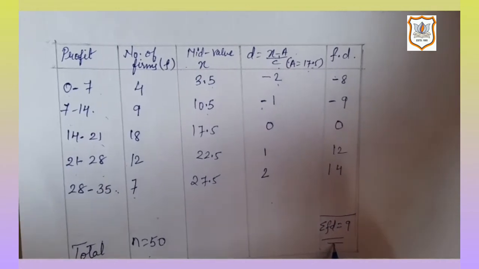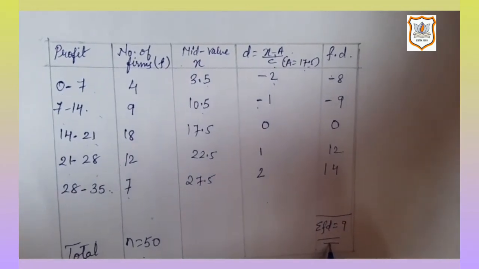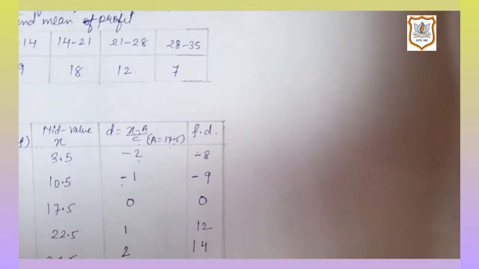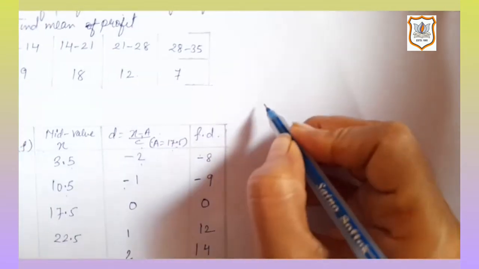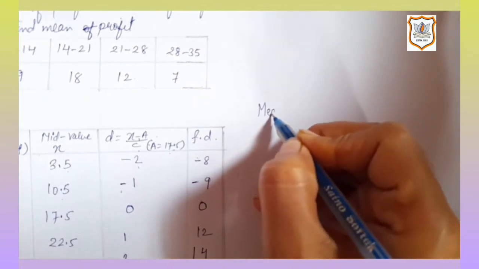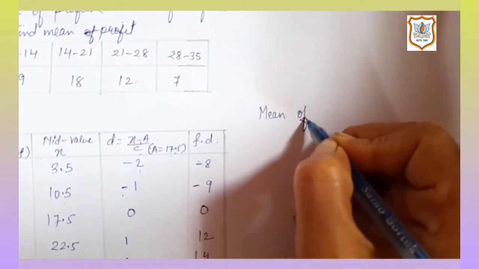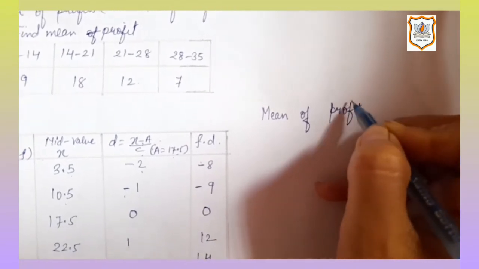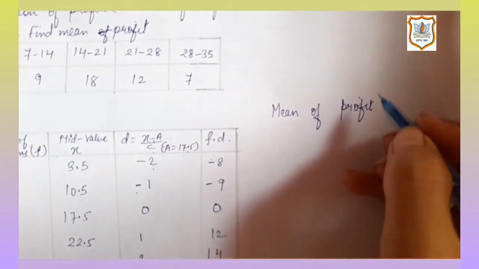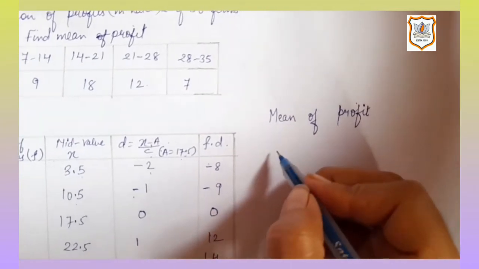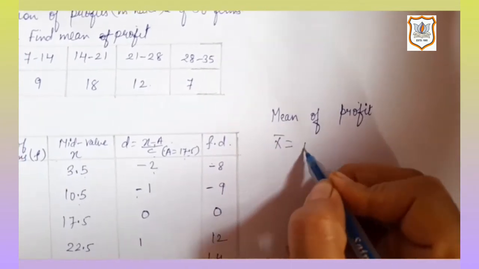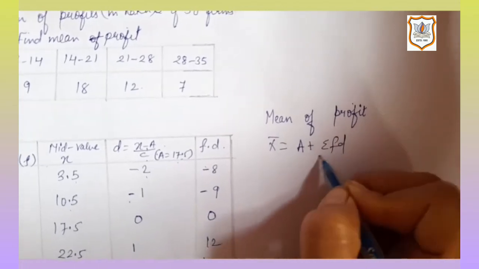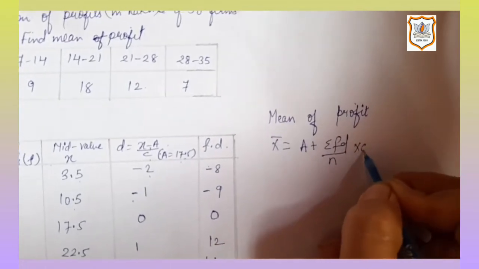Now we are going to put the values in the formula. Now we are going to find the mean of profit. The formula to find mean is x bar equals assumed mean plus sigma fd upon n into class length.